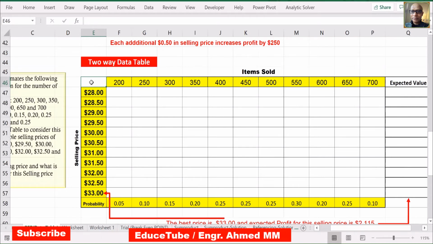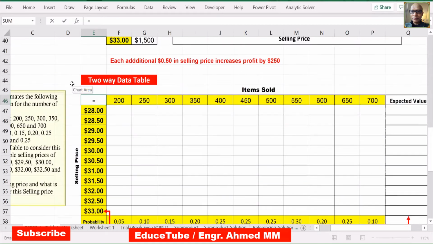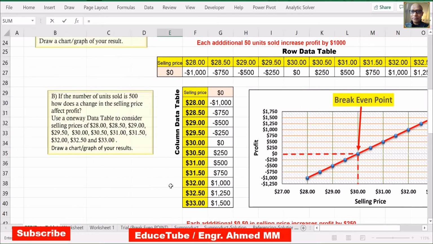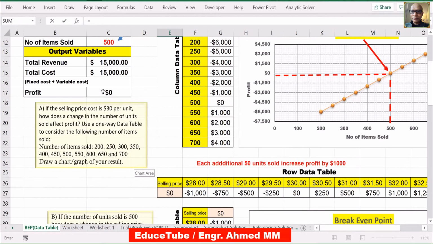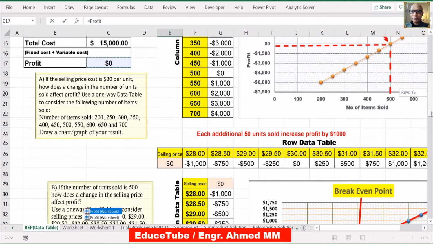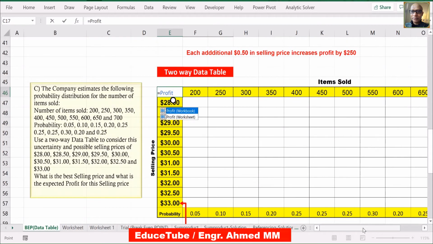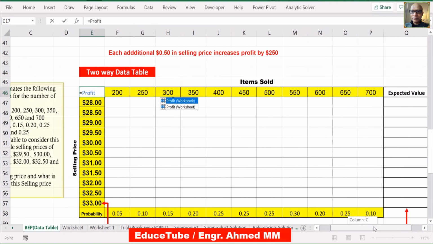First we have to select the break even point here, that is $0. So how? Same way, we go to the same place, this one, profit. So it is selected. Now you look at this, it is selected.